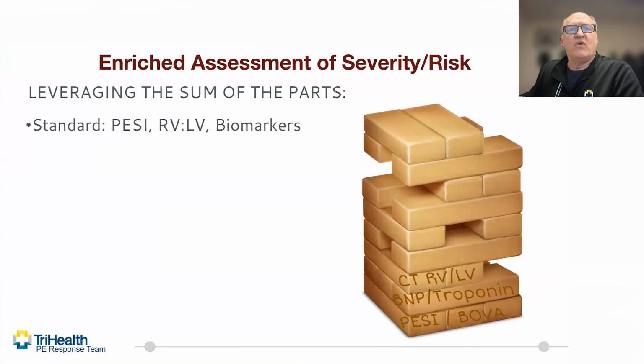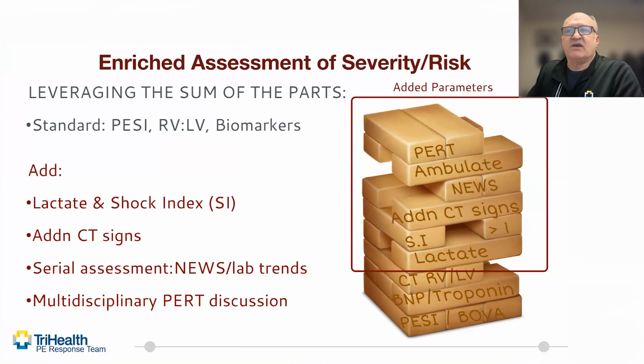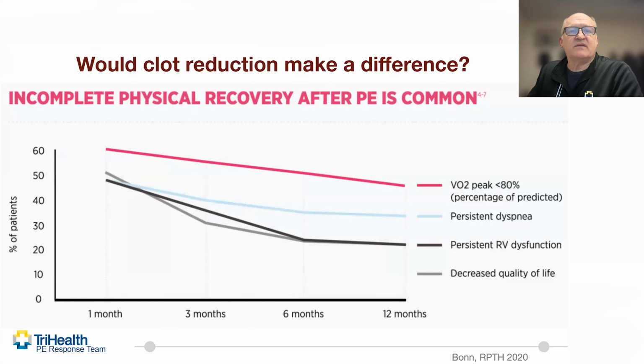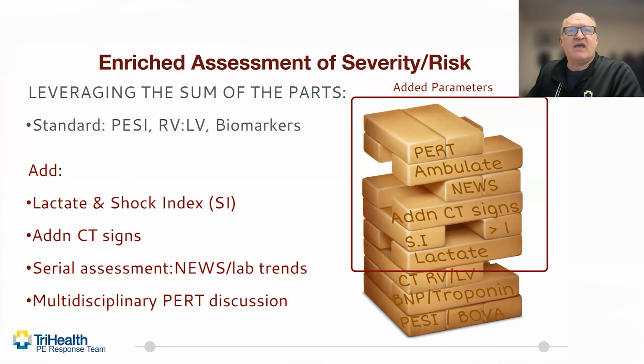There are even more ways to enrich the assessment and severity of patients beyond the historical parameters of PESI scores, biomarkers, and RV dimensions. There are now a number of low-tech metrics that we've been using locally as a guide for treatment recommendations. Next. Go back to that last slide, I'm sorry. So the serum lactate is certainly one.